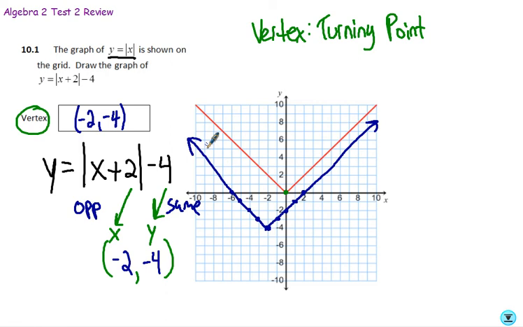We'll come back and look at the graph of absolute value functions more, but within this unit it was really just to introduce you to the idea of the vertex, and then how to find that vertex. So the x value of the vertex is the opposite of the number that's there, and the y value stays exactly the same. All right, so try 10.2 and 10.3, and then we're all done.